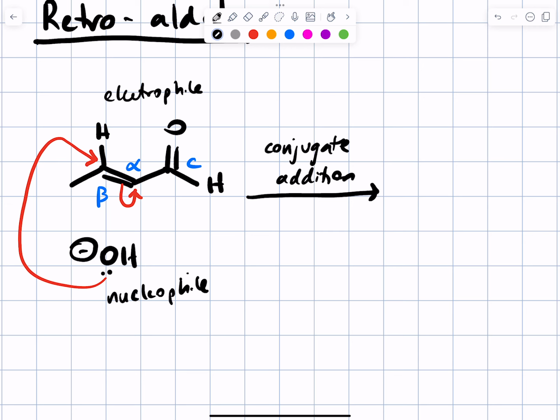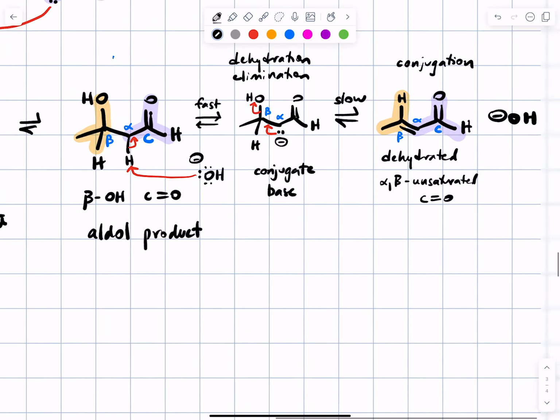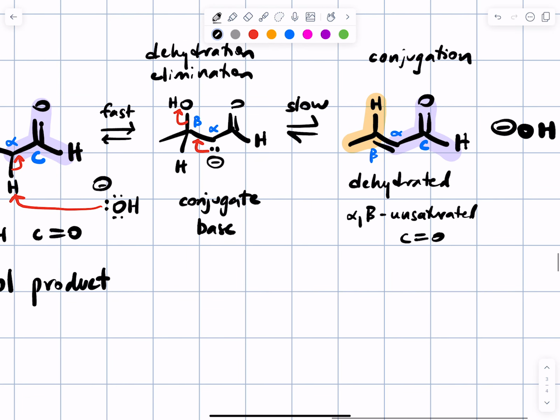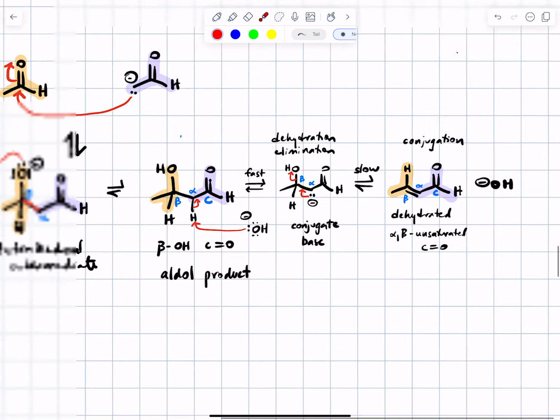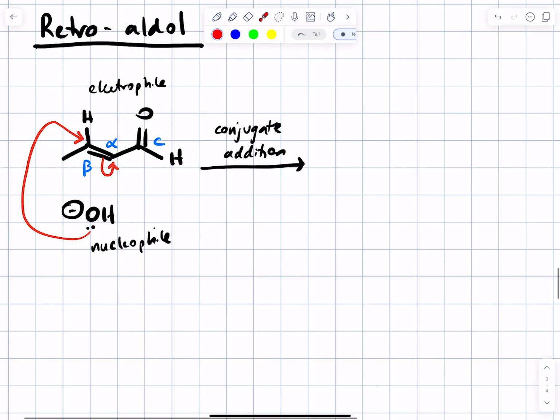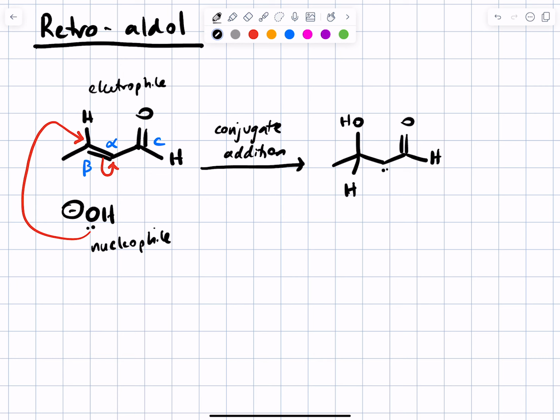It's interesting how the same step looks different when you look at it backwards versus forwards. In the forwards aldol reaction, this final step was an elimination step, but if we run it backwards, it's conjugate addition. Okay, so then that would get us here.